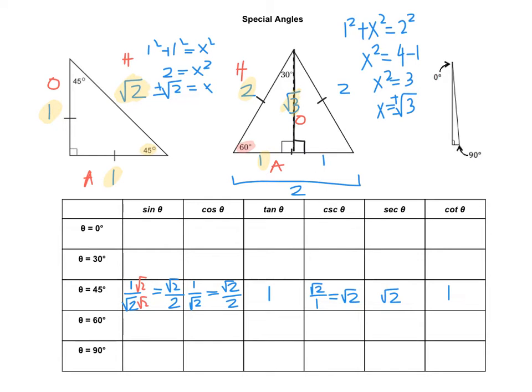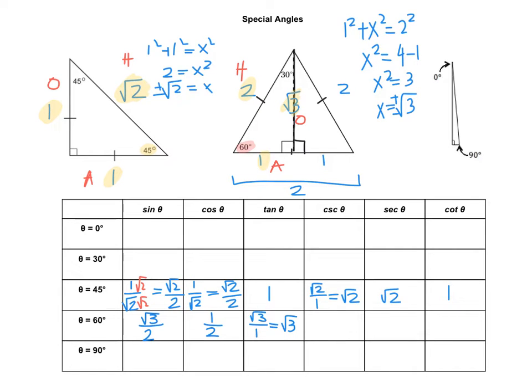So sine 60 is opposite over hypotenuse, so root 3 over 2, and that is fine. Cos 60 is adjacent over hypotenuse, so that is 1/2. Tan 60 is opposite over adjacent, so root 3 over 1, which is just root 3.